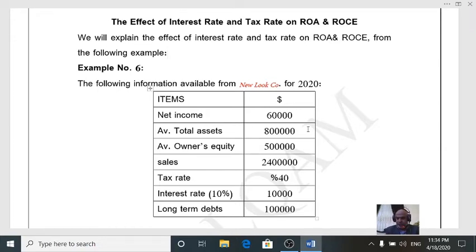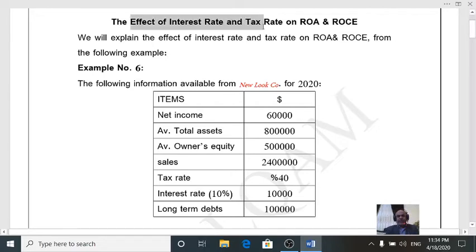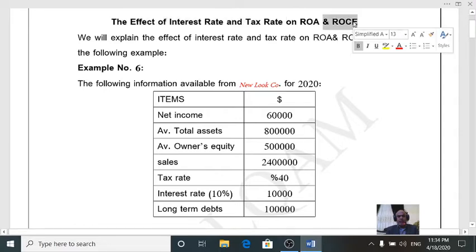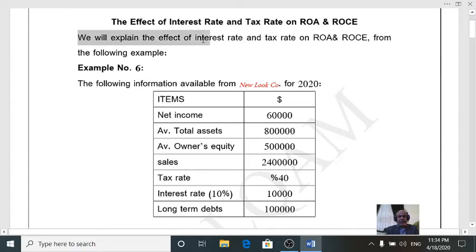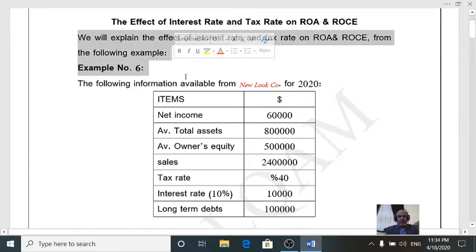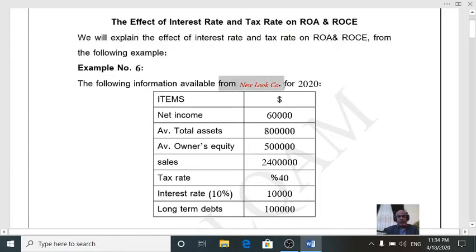I hope this recording clarifies the effect of interest rate and tax rate on return on assets and return on common equity. I will explain this effect by the following example from New Look Corporation for 2020.